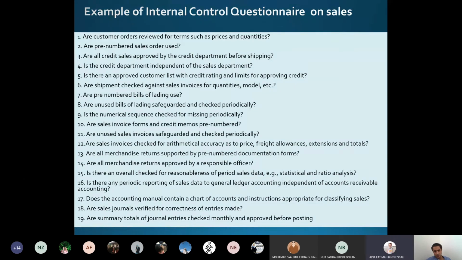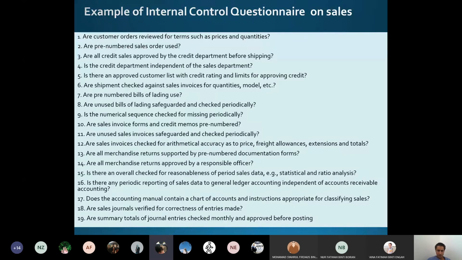All merchandise returns supported by pre-numbered documentation forms. Yeah, this one is about the sales returns. So normally we have the credit memo documents, as well as the pre-numbered form for receiving these goods and recording them again in the inventory system. Number 14.